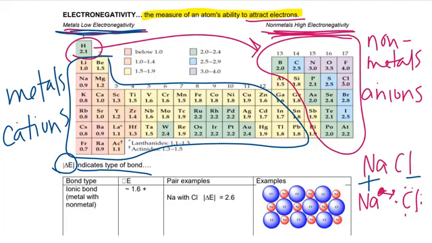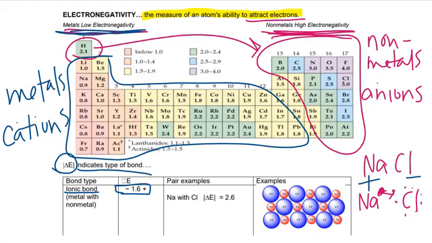Well, an ionic bond we know is when we have a metal and a nonmetal, and the metal gives away electrons to become a positive, and the nonmetal gains electrons to become our negative ion, and then they become this ionic bond. Well, we also know that an ionic bond has a difference in electronegativity of anything greater than 1.6.